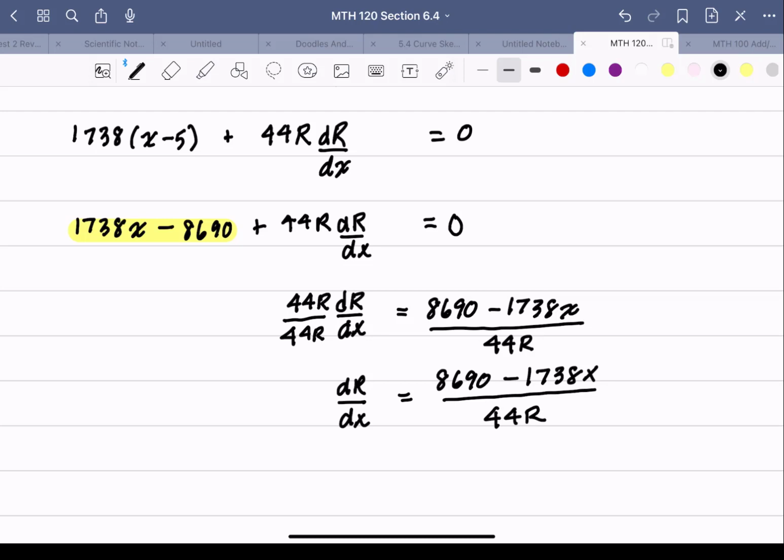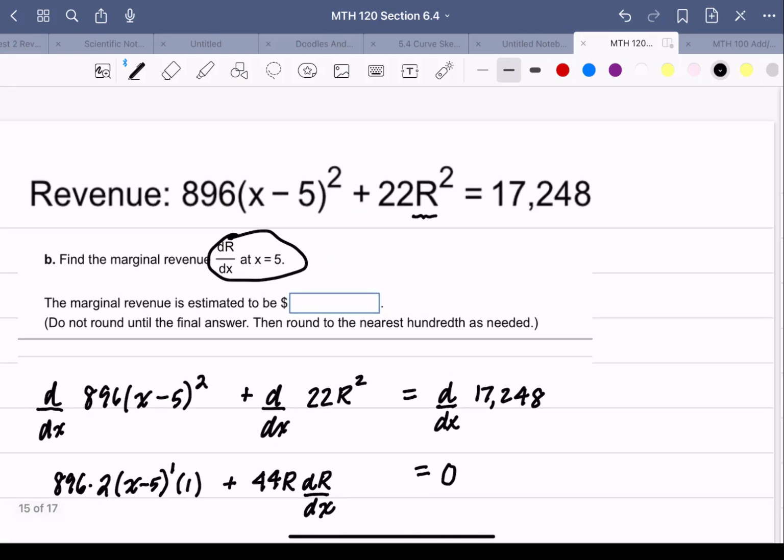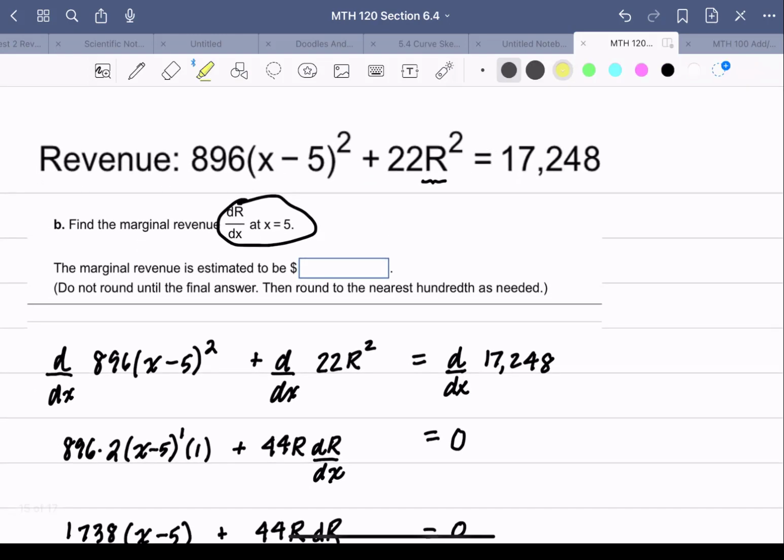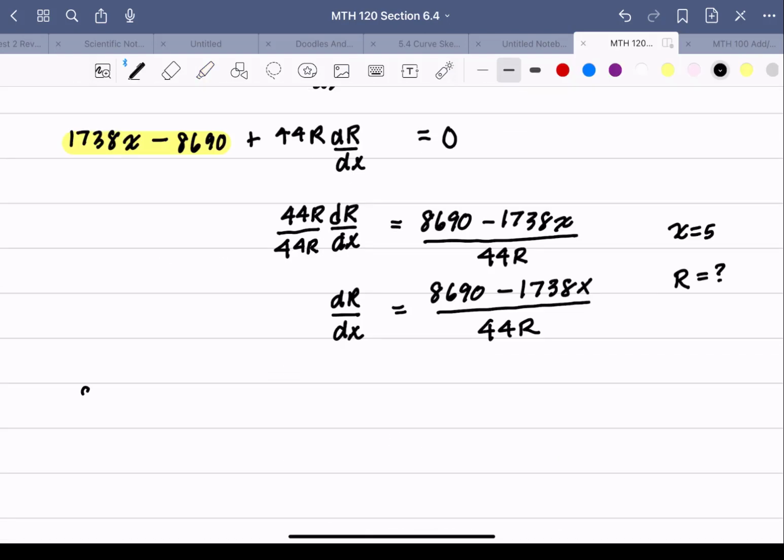Now they gave me a value of x equals 5. My issue is I don't know what r is, but I have a formula for r squared, or I can at least find r squared using this original formula for revenue. So I'll say 896 times (5 minus 5) squared. Remember, there's an x minus 5 and x is 5, plus 22r squared equals 17,248.